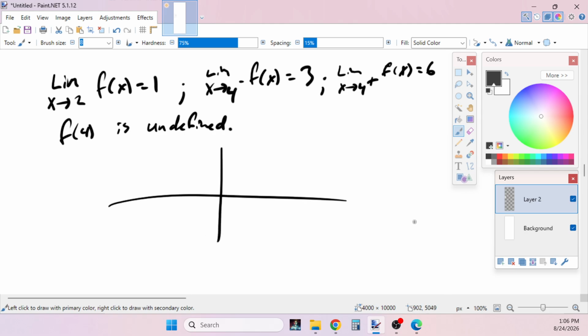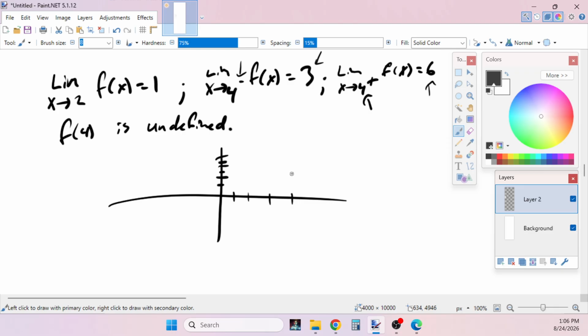Okay, so a lot of stuff is happening at 4, so let's mark 4 with tick marks. From the left side, we want to approach 3, so let's count up 1, 2, 3. On the right, we'll need 6, so we'll want the lines pretty close to each other.